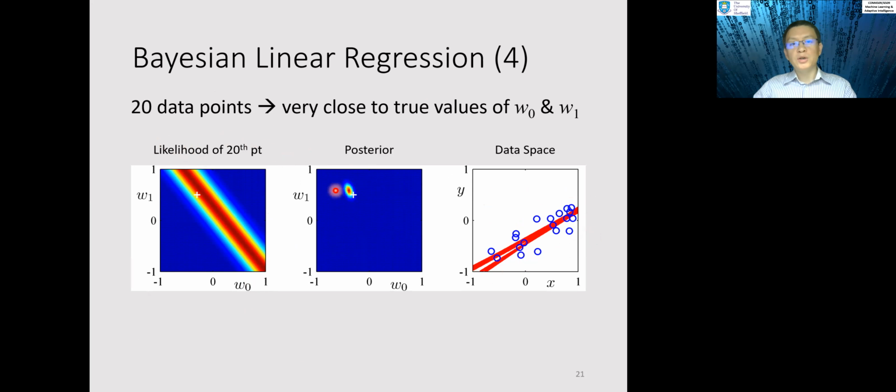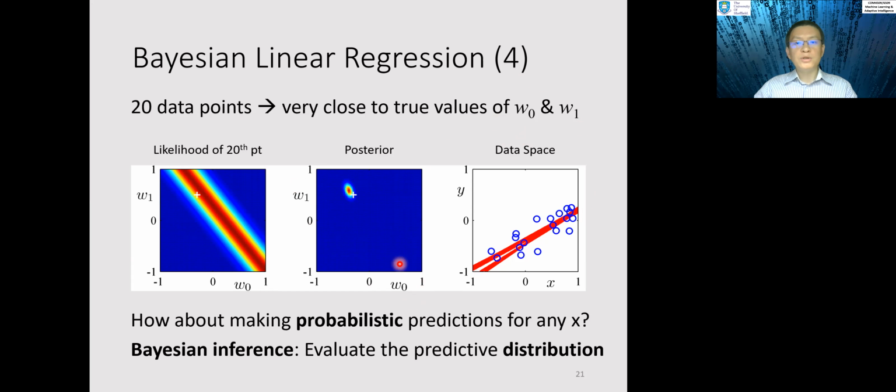The crossover here is the ground truth value for W0 and W1, which generated these observed points, of course with noise. So we can see this is a distribution for the model parameters W0 and W1.